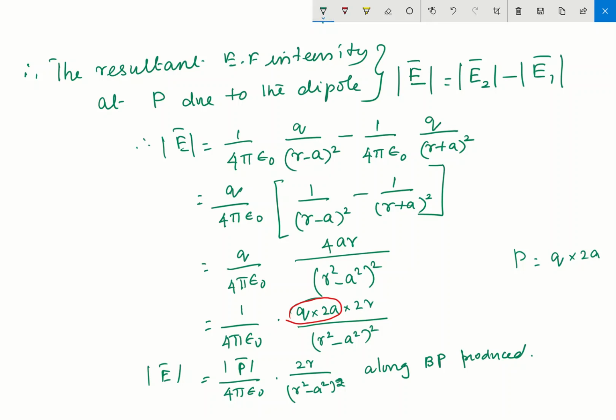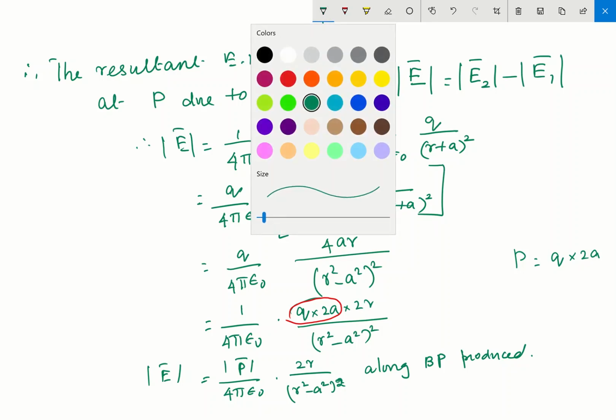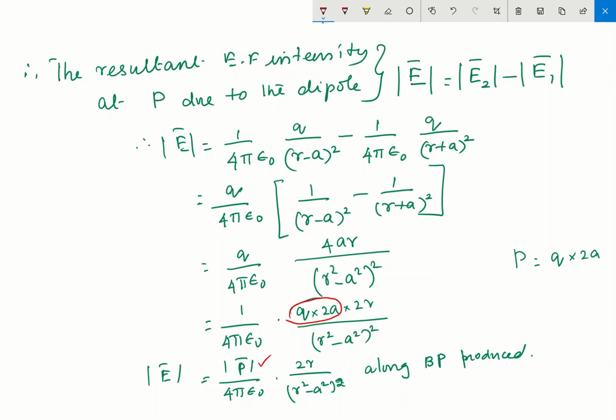But now what is the direction of P? Yesterday we saw the direction of the dipole moment. The dipole moment will be from the negative charge to the positive charge. Correct? Therefore, it is also towards the right.